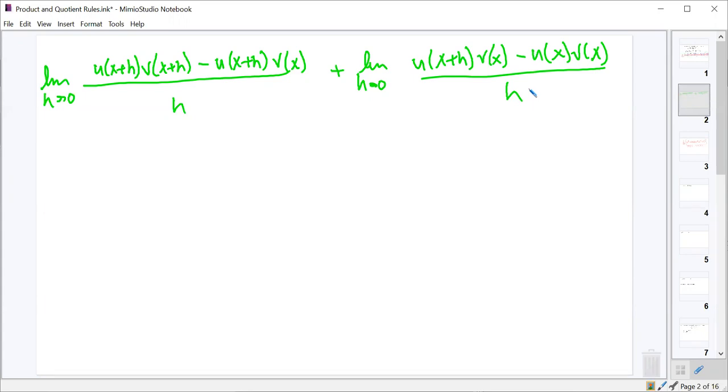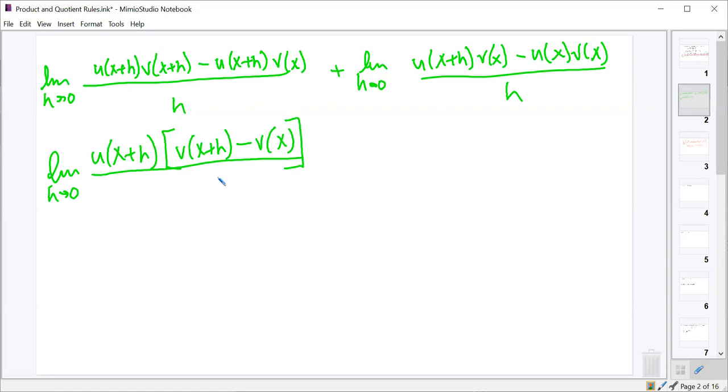Yep. Okay. Now I don't expect you guys to have just seen that on your own. That's why I'm trying to show it to you. But we've got this U of x plus h here and this U of x plus h here that can be factored out. So let's write this as the limit as h approaches 0 of U of x plus h times V of x plus h minus V of x all over h. And what about this other side? What do they have in common?